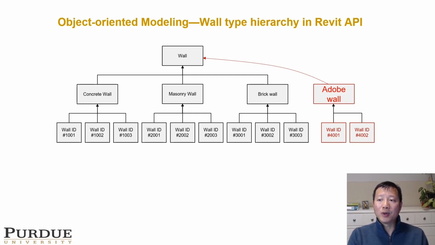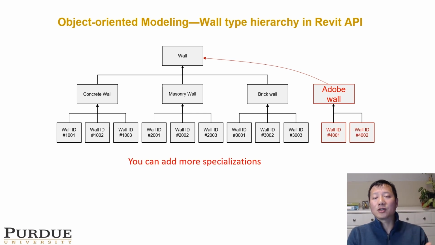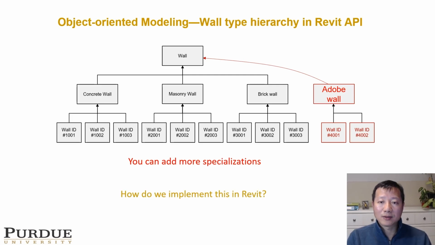Let's say it's an adobe wall. By creating a specialized subclass of the wall as adobe wall, you can create as many adobe wall objects as you want. So again, this specialization process can be continued, and all you need to do is use the Revit API to define your own specialized wall class.